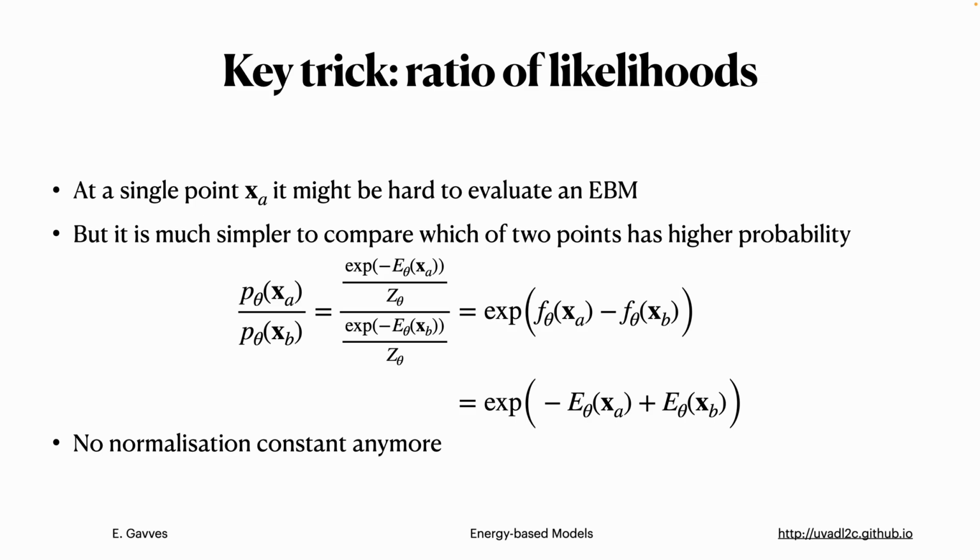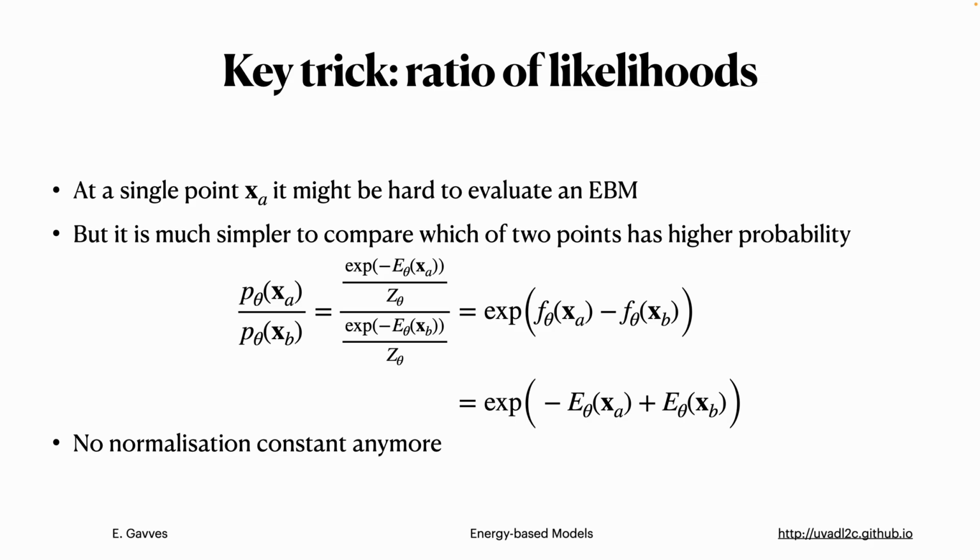And the numerators are easy to compute. It's just our functions or our energies. So you have no normalizing constant anymore. So if you can define ways during training, during sampling, during evaluation, such that you can use the ratio of likelihoods to find good parameters, to sample new points, to make comparisons, that makes things easier.